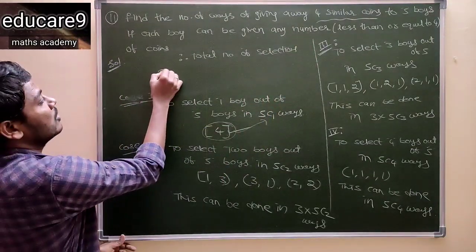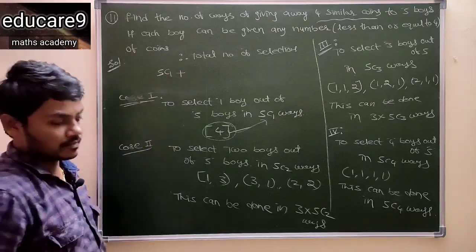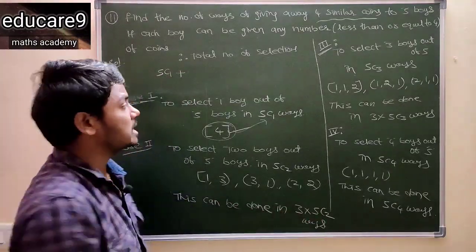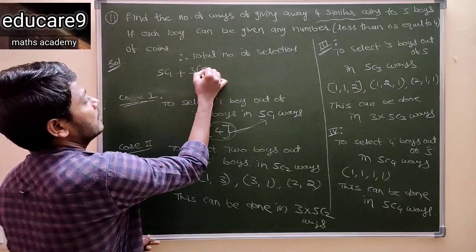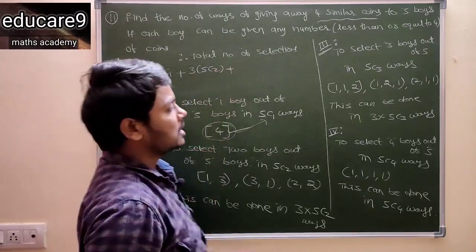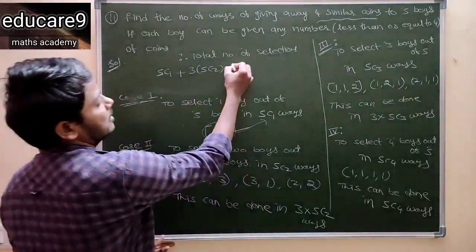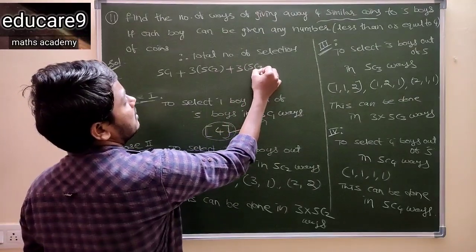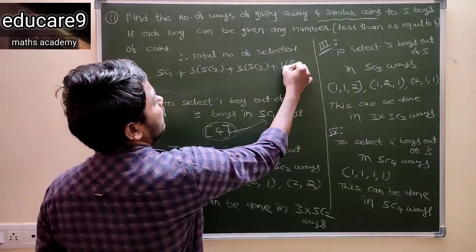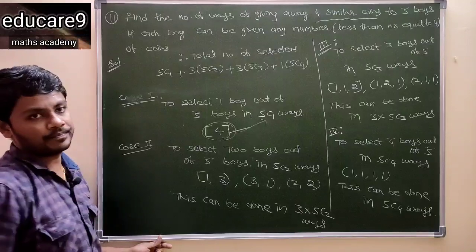See here first one, 5C1 plus second case 3 into 5C2. Next plus 3 into 5C3 plus 1 into 5C4.